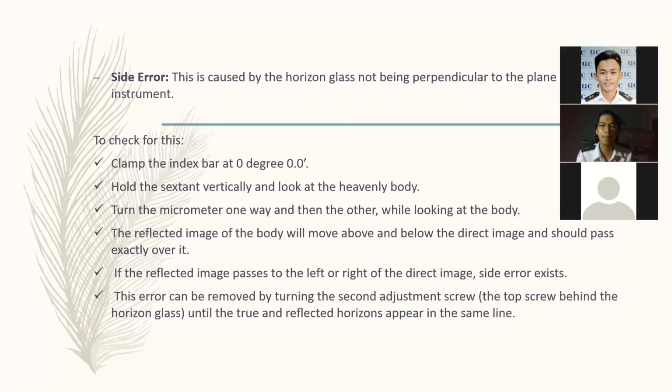This error can be removed by turning the adjustment screw until the true and reflected horizon appear in the same line. From the video we can see that the side error is properly adjusted if the true and reflected horizons are aligned.